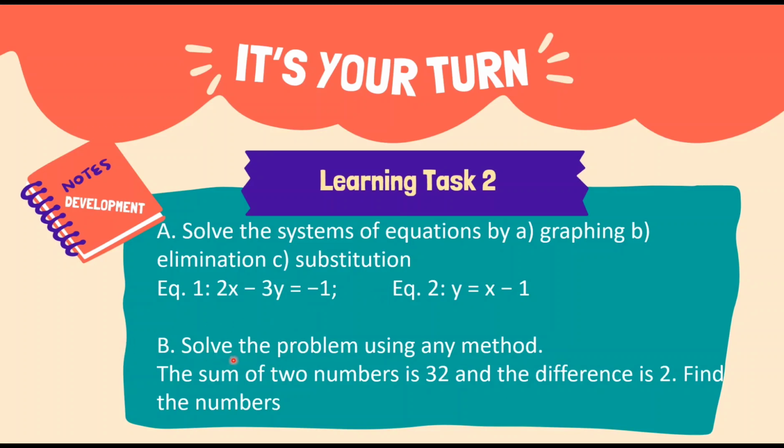For letter B, you need to solve the problem using any method. It's up to you kung alin ang gagamitin nyo. The sum of two numbers is 32 and the difference is 2. Find the numbers. You need to have the representation also. Let x and let y.